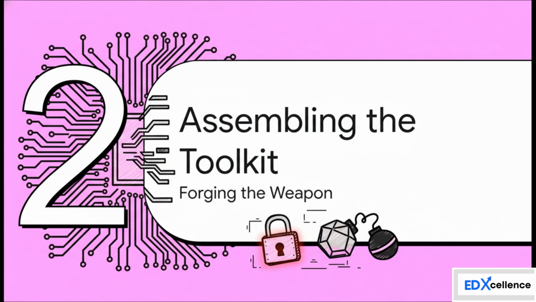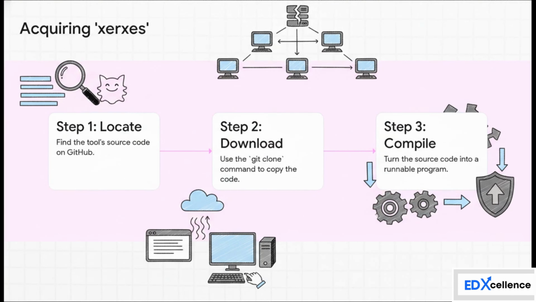Okay. Every good heist needs the right tool for the job. We're not using a crowbar or a stethoscope, though. Our tool is a piece of code. So let's get to the next phase, forging our digital weapon. The weapon of choice for this job is a tool called Xerxes. And you know what? It's just sitting out there in the open on GitHub. Getting it is a pretty simple three-step dance. First, you find it. Second, you use a quick command, git clone, to just copy all the code onto your machine.